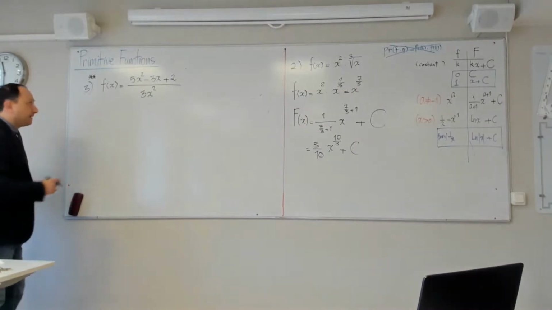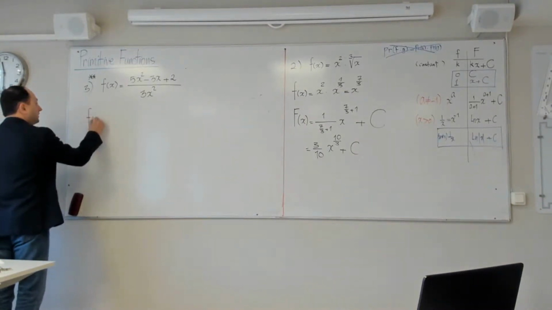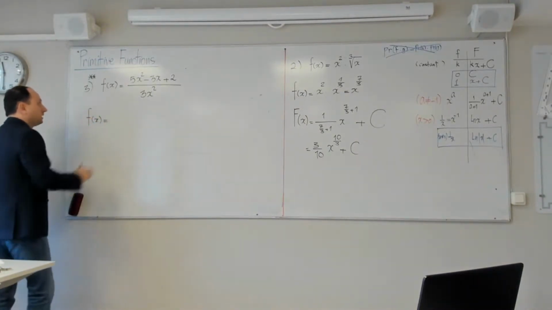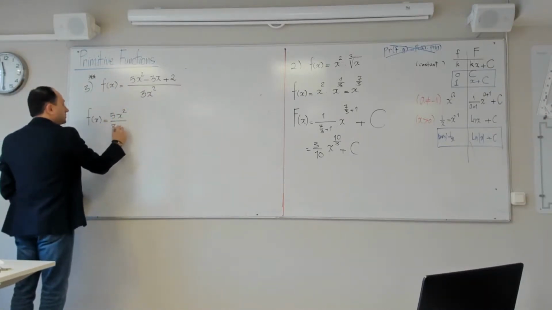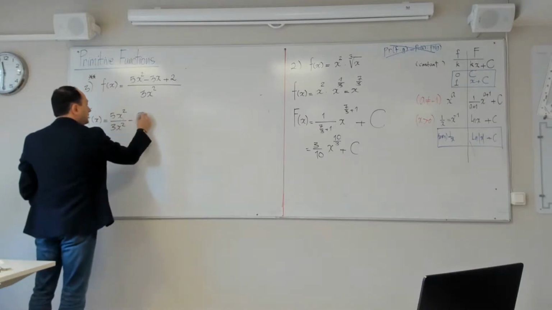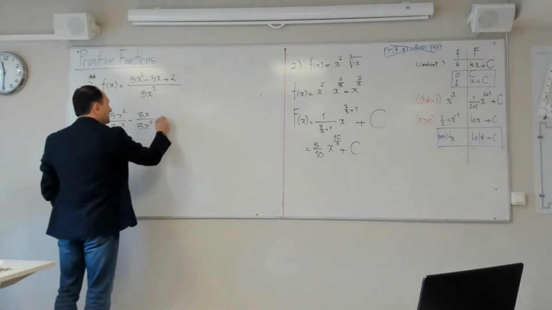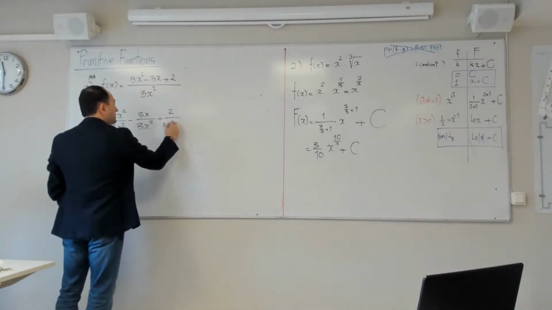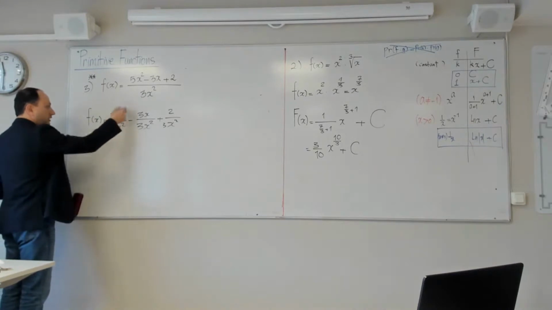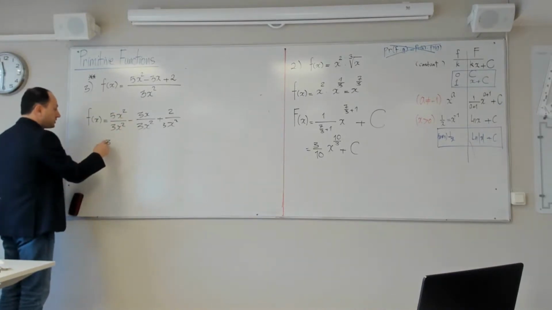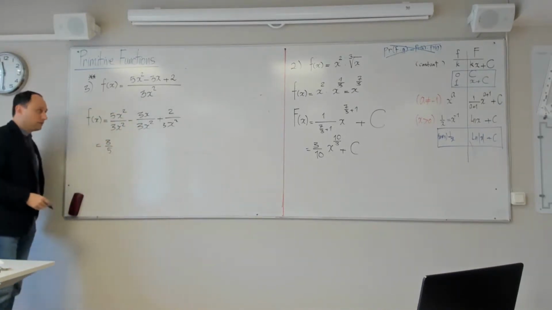Splitting up. So here, f of x is equal to 5x squared divided by 3x squared minus 3x divided by 3x squared plus 2 divided by 3x squared. So here, x squared and x squared are gone, so a constant is left for me, 5 over 3.